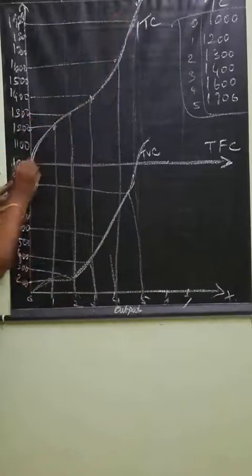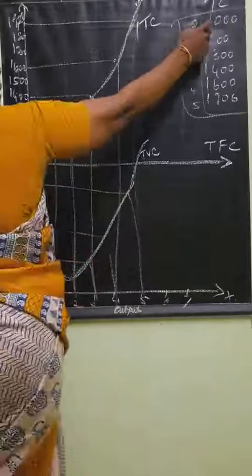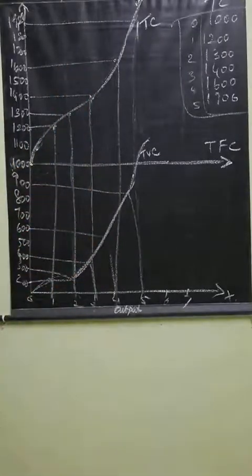It is starting from the 1000. See, starting from the 1000 and moving upwards. Will you be able to understand what is total cost curve? Total cost curve is the summation of total fixed cost and the total variable cost.